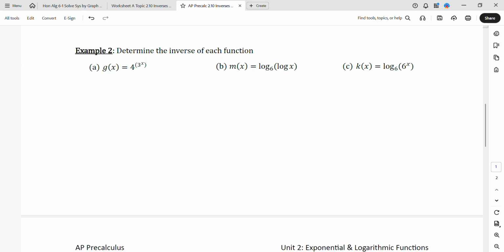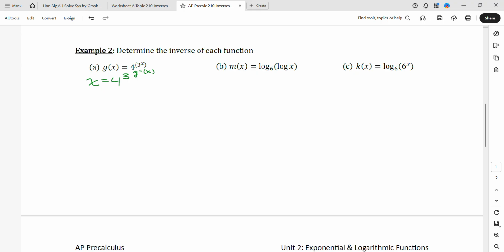Okay. So this can be interesting. Let me show you why. So when I first switch these, it's going to be x equals 4 raised to the 3 raised to the, and since we're dealing with the inverse, I'm going to put up here the inverse of g.